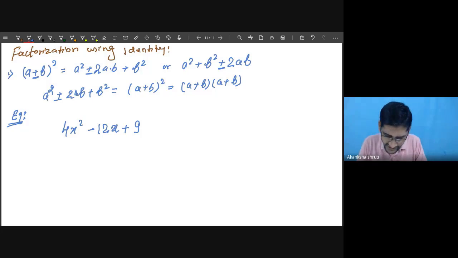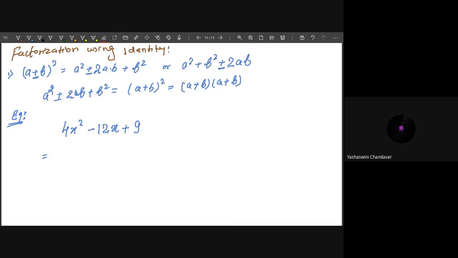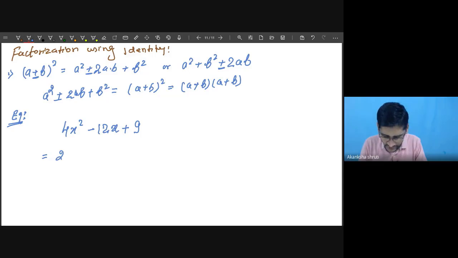What can be written for the first term, student? It is 2x whole square. This 2x whole square is like our (ab) to the power m, a to the power m, b to the power n. That identity is applied in this step.